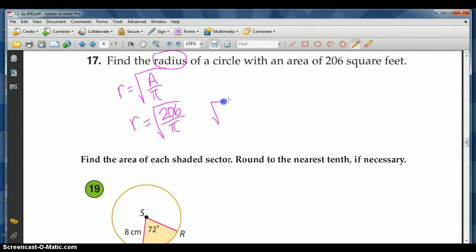So, square root of 206 divided by pi on your calculator will give you approximately 8.1 feet.